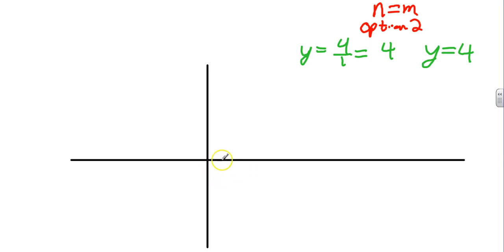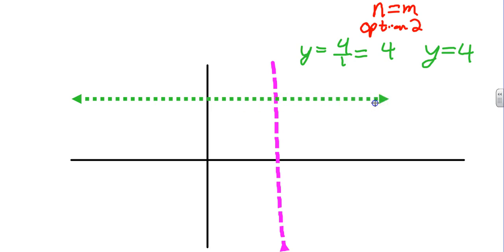Alright, x equals 2 will be here. And y equals 4 will be about here. That over just a bit.